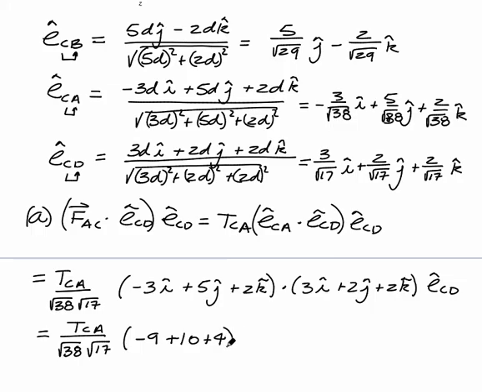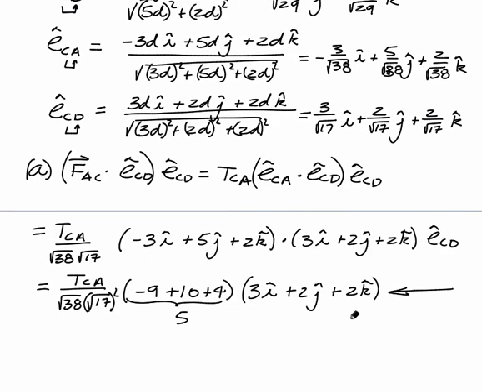Then it multiplies by eCD, so 3i plus 2j plus 2k, and that gets multiplied again by the square root of 17. And this number of course is going to be equal to 5. So that is our projection for part A.